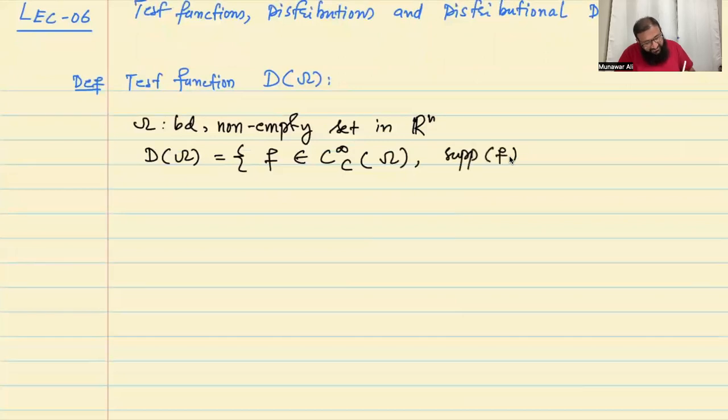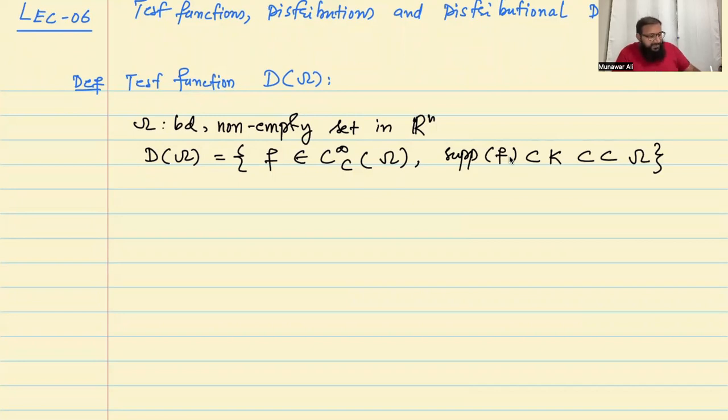One thing else that I want to add is the support of these functions is some set K, and this symbol is used for compactly contained. So K is compactly contained in omega. So the support of each function should be some set K, and that K must be contained in omega and K must be compact.